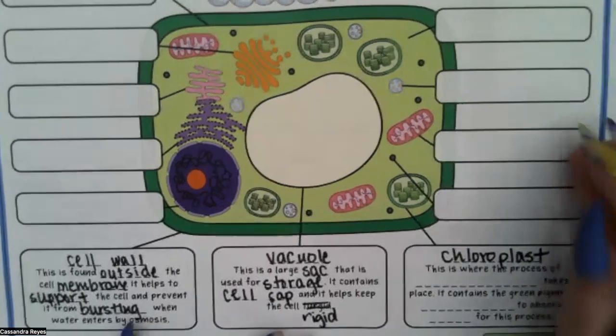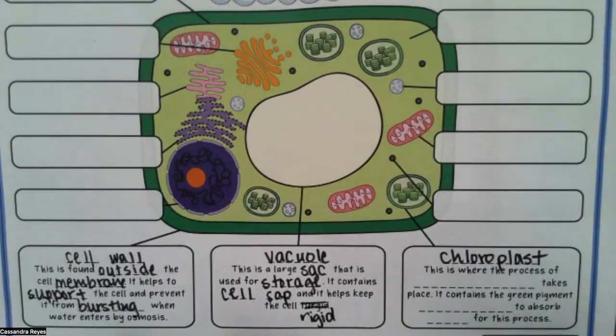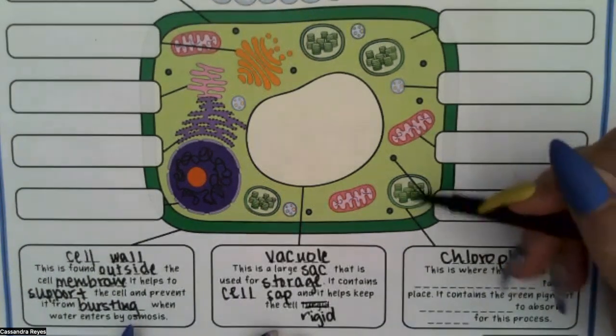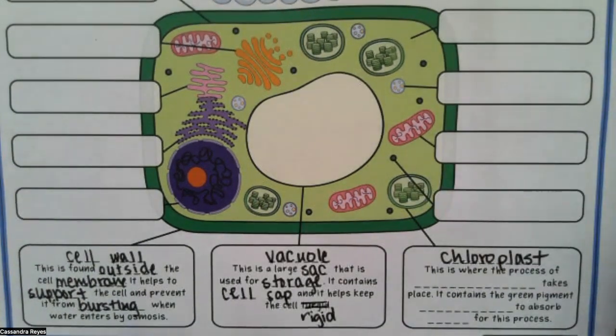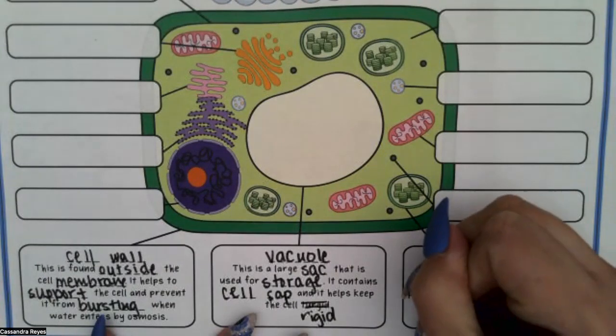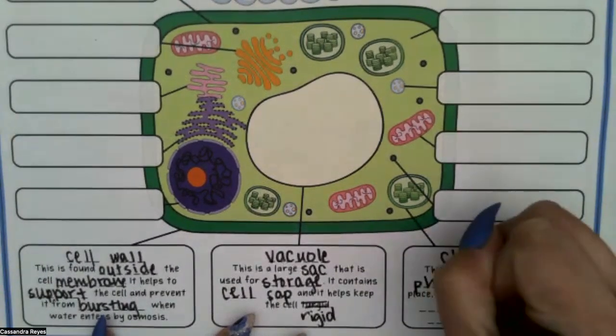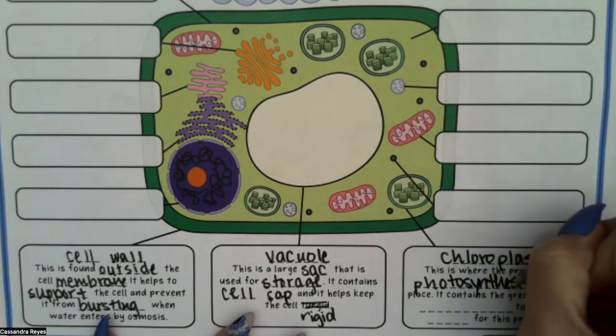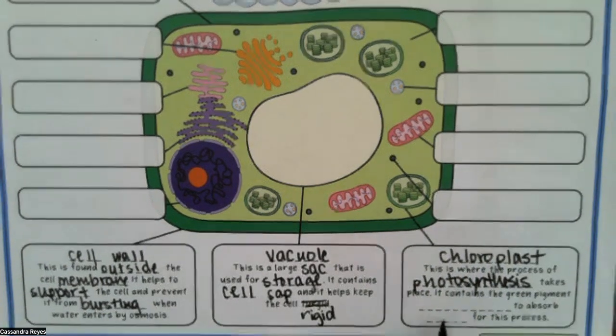But anyways, lastly, we have the chloroplast. Look at the little guys with the little pancake stacks. The chloroplast is where the process of photosynthesis is going to take place.